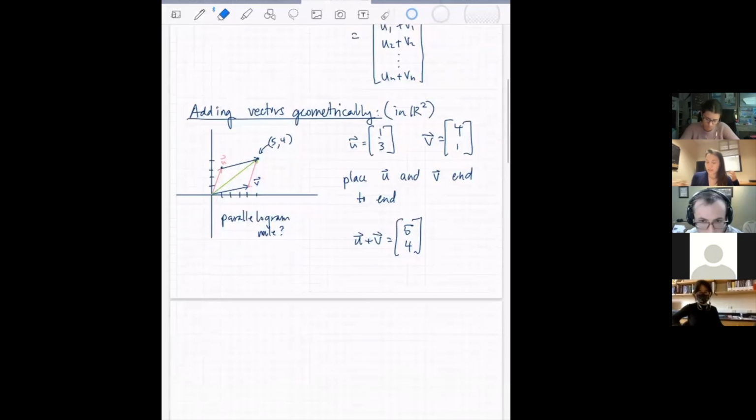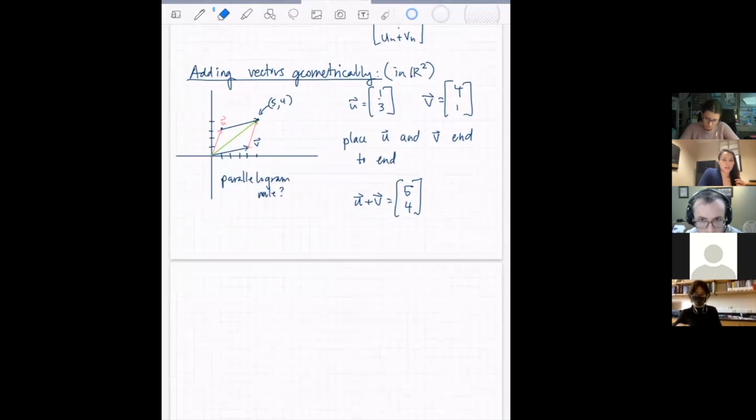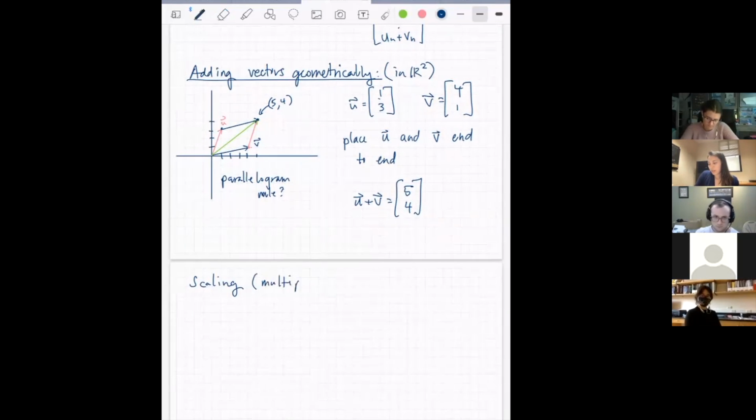Okay, now, the other thing that we can do to vectors is we can scale them. So we can also scale, and this means that we multiply by a scalar c.